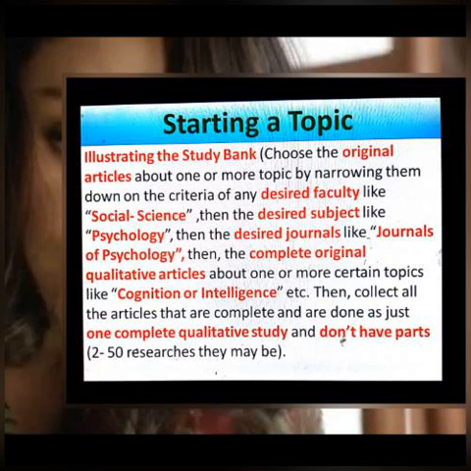Like for example, there are two topics. First is cognition and the second is intelligence.